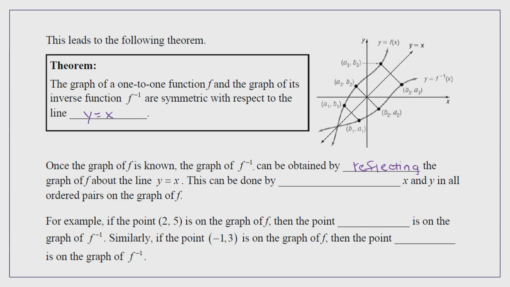This can be done by switching x and y in all ordered pairs on the graph of f. For example, if the point (2, 5) is on the graph of f, then the point (5, 2) is on the graph of the inverse function of f. Similarly, if the point (-1, 3) is on the graph of f, then the point (3, -1) is on the graph of the inverse function of f.